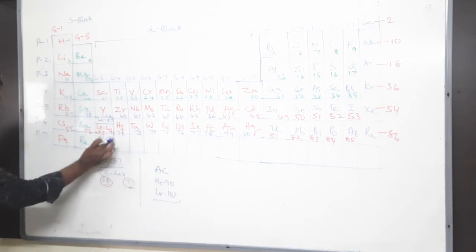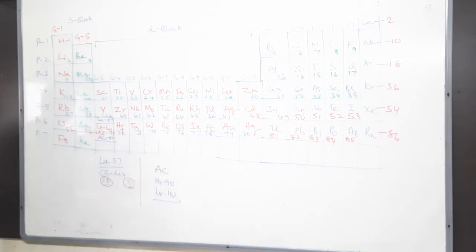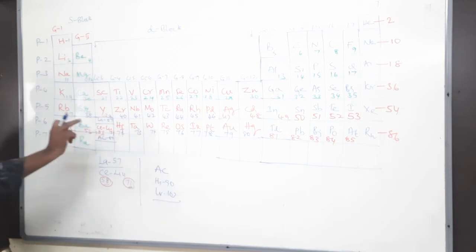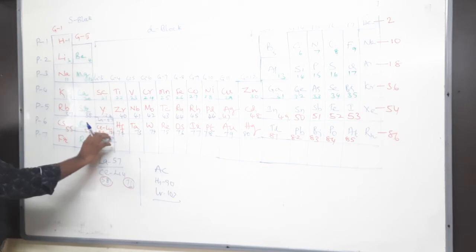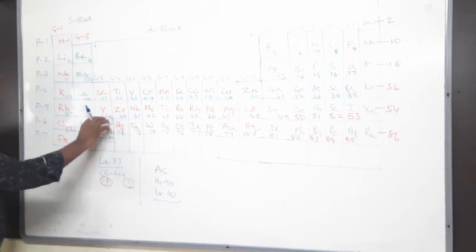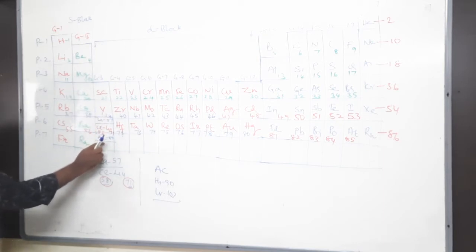This box does not belong to only actinium. It is actinium plus actinoids. Actinium is one element, actinoids are 14 elements. Therefore, in this box there are a total of 15 elements. In this box also 15 elements. Lanthanum plus lanthanoids, actinium plus actinoids.